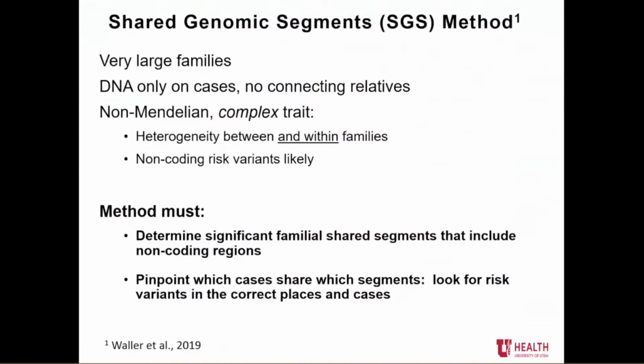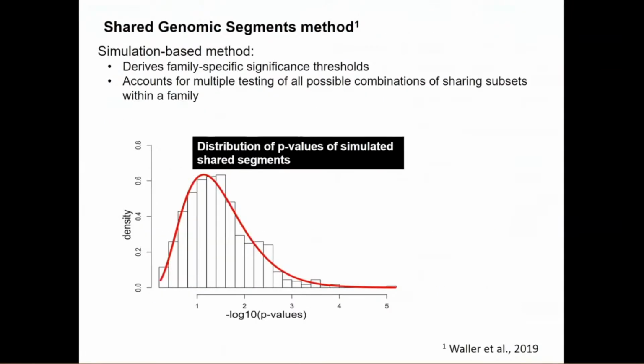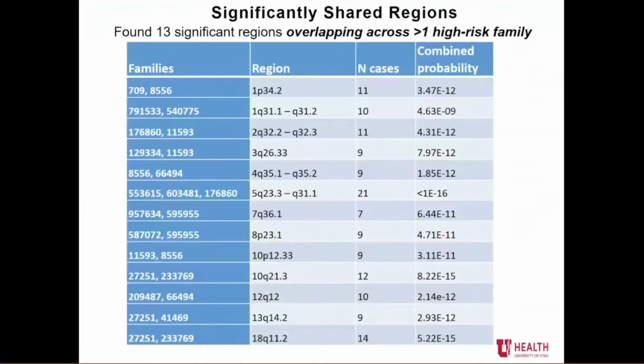And with this method, which is essentially a simulation-based method that takes into account family sharing across the genome, we came up with a bunch of different significantly shared regions in these families. These are 13 regions that we were most interested in because they were overlapping across more than one high-risk family. And you can see there's a lot of them.